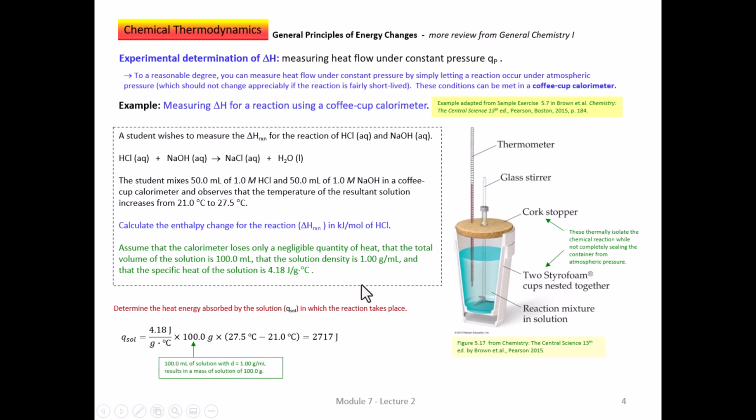Well, if we assume the density is 1 gram per milliliter and you have 100 milliliters, you'd have 100 grams of solution. That allows us to cancel out the grams, and then we'll multiply that by the temperature change. And remember, it's always final minus initial. And when we do this, the degrees C cancel, grams cancel, we're left with joules, so we have a heat flow for the solution of a positive 2,717 joules.